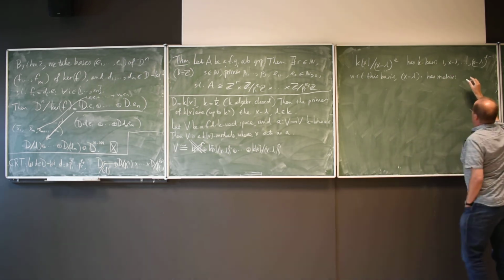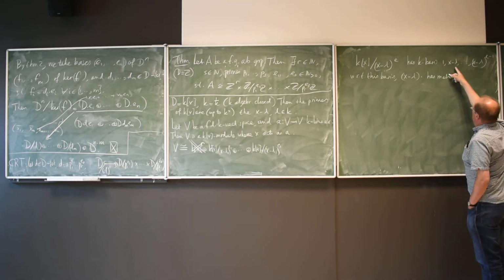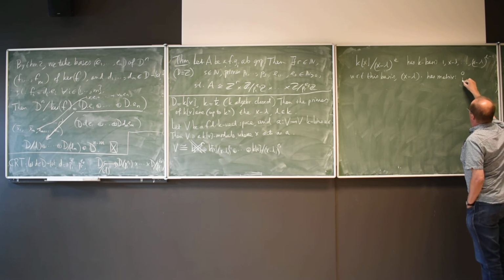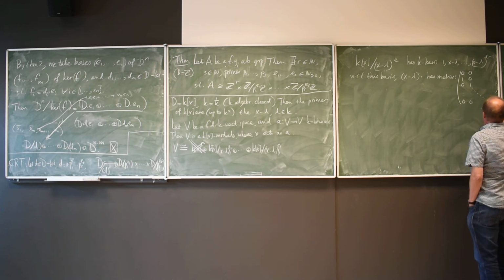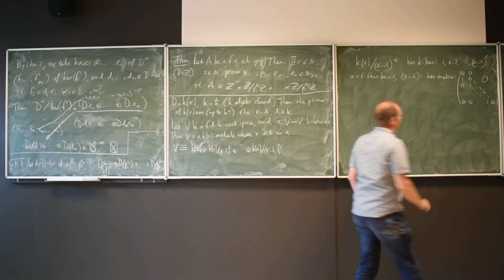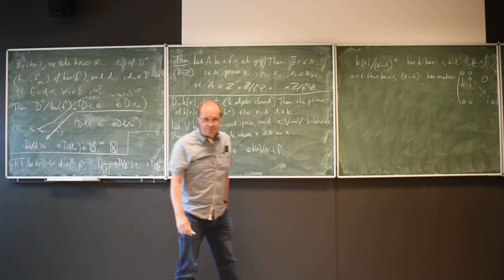Well, 1 under multiplication by x minus lambda goes to the next. So the first column is 0, 1, and then zeros. The next column is 0, 0, 1, and then zeros again. So these ones go down all the way, and everywhere else I have zeros, except ones just below the diagonal.